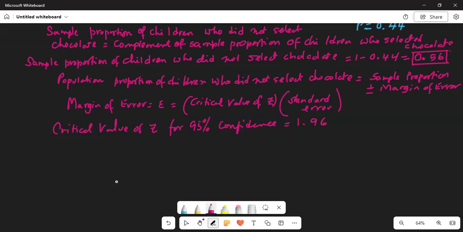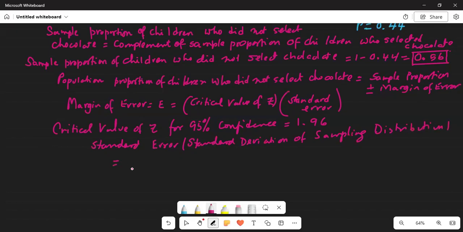And the standard error, which is the same as the standard deviation of the sampling distribution of p hat, is given as the square root of p hat times 1 minus p hat divided by n.